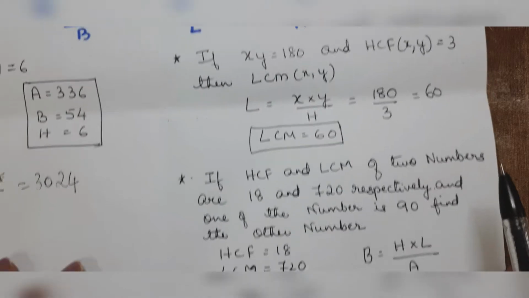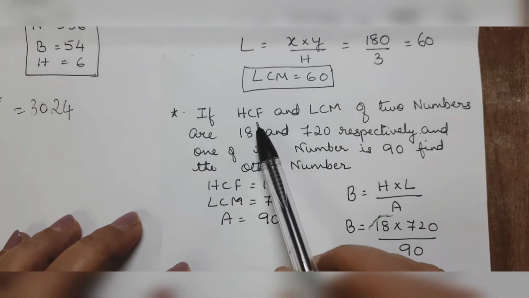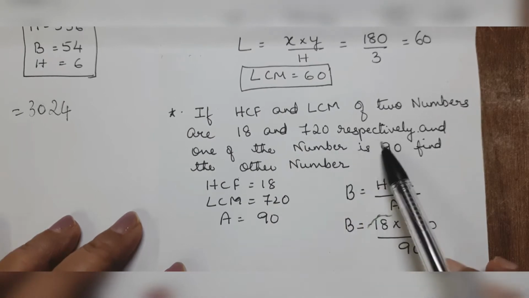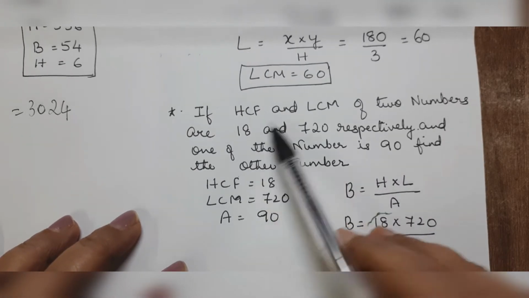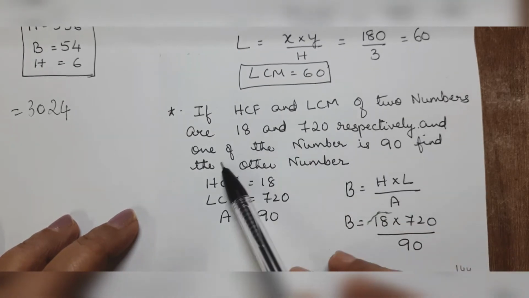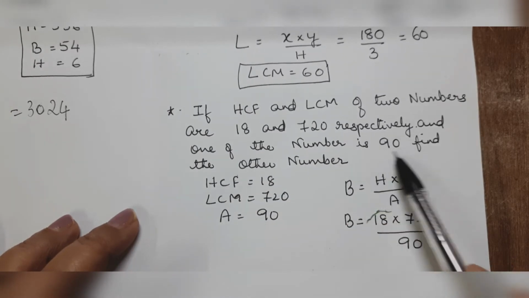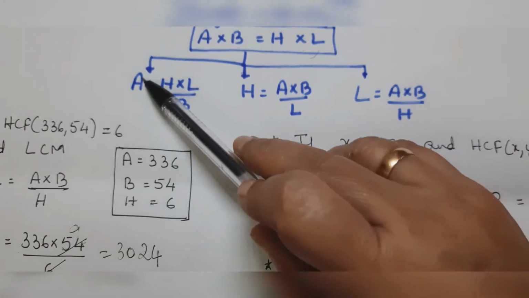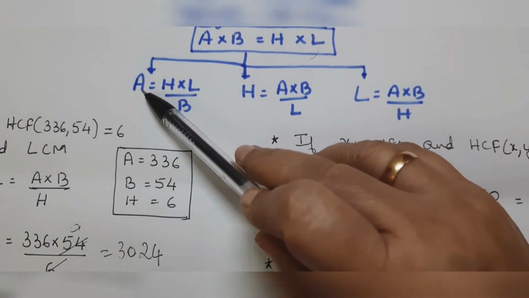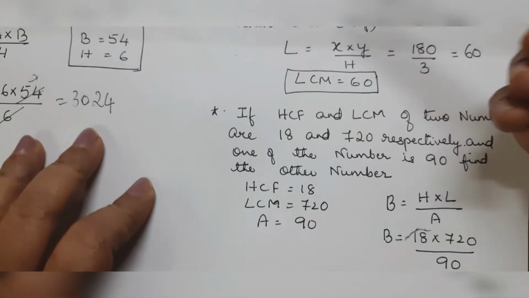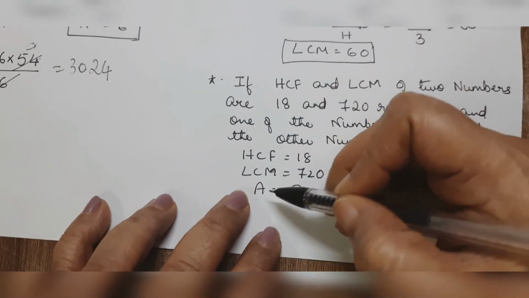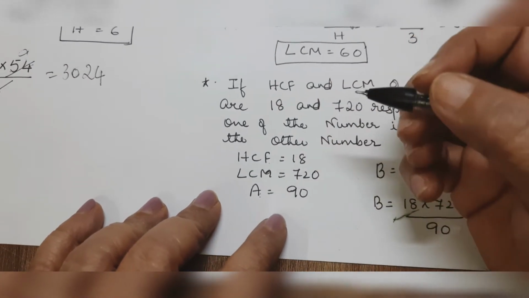One more. If HCF and LCM of two numbers are 18 and 720 respectively, HCF is 18, LCM is 720, and one of the numbers is 90. So here HCF is given, LCM is given, one of the numbers is given, and we have to find the other number. You can take that as A or B, either is okay.